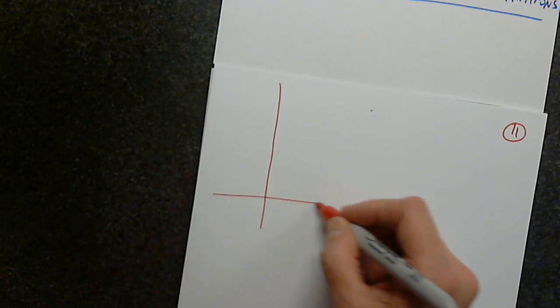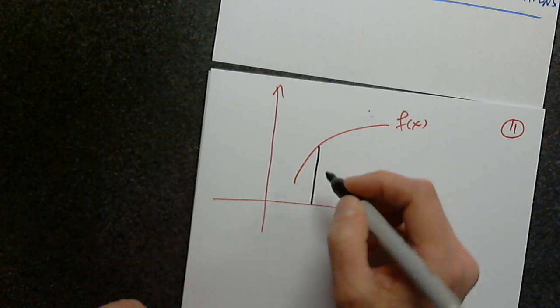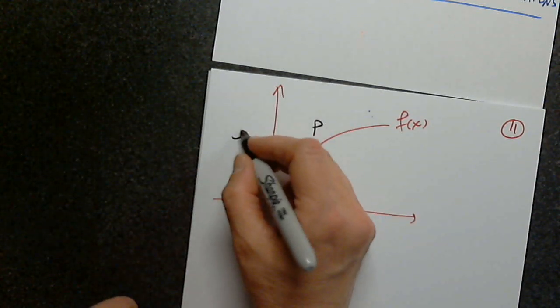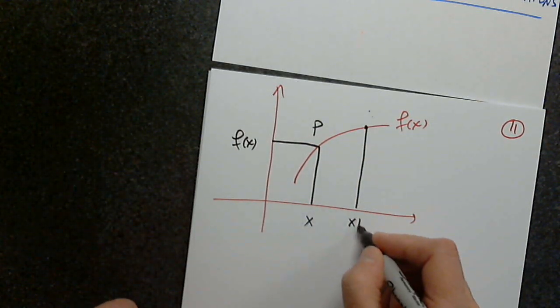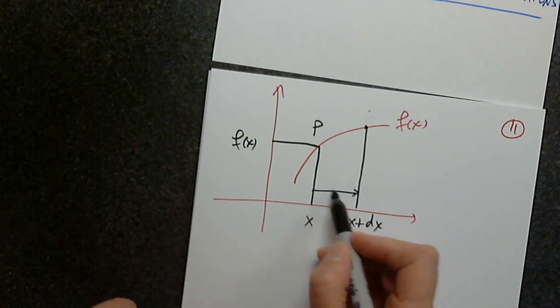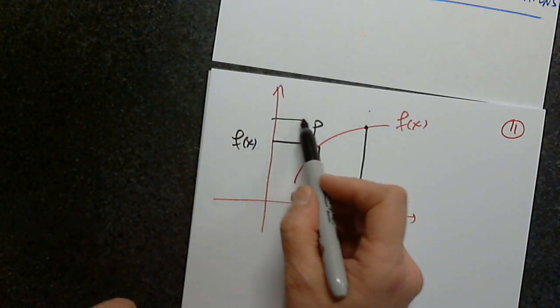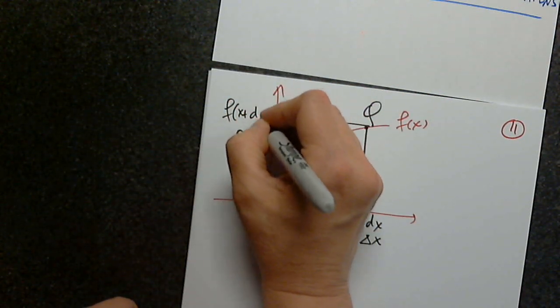So what we looked at last time was something like this. We had a function, f of x, and we said that if this is p and this is x, then this is f of x. And if this is q, and this is x plus a little bit, and this is f of x plus dx.